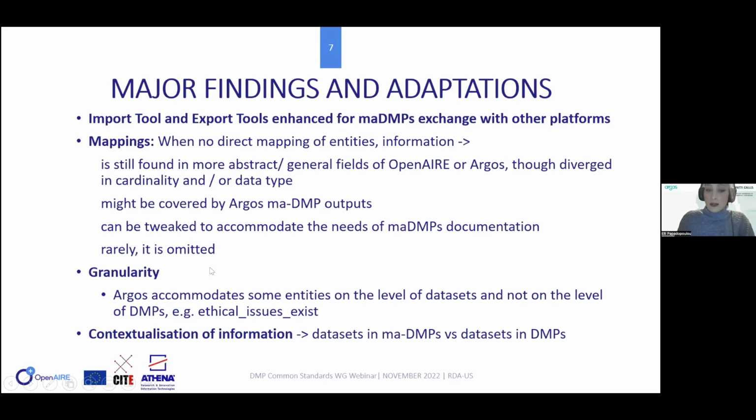There is a granularity that we identified on how we had some entities inside the Argos model and how they are expected from the standard. And this granularity is relevant to where this entity or property is. Is it at the level of the dataset or the level of the DMP? And I provide here an example about the ethical issues.